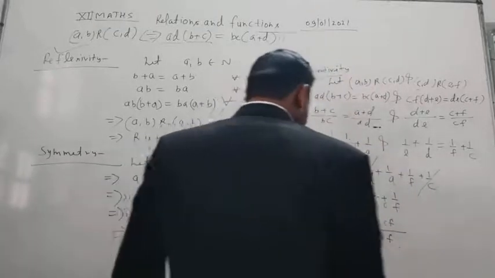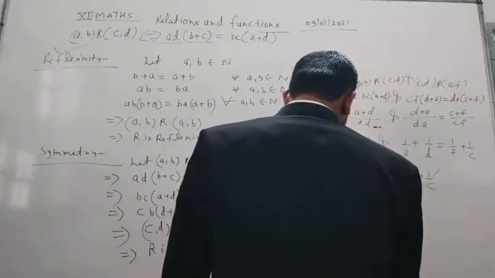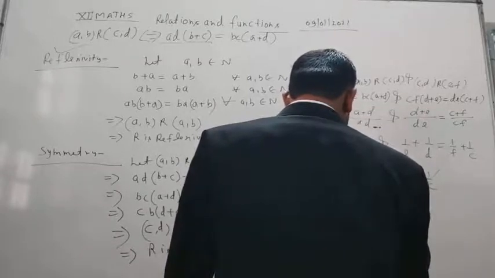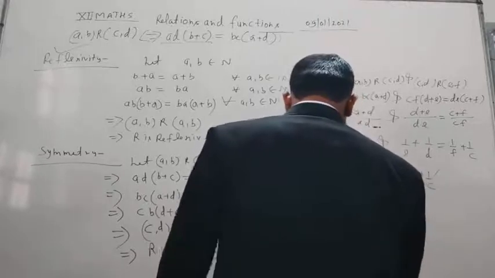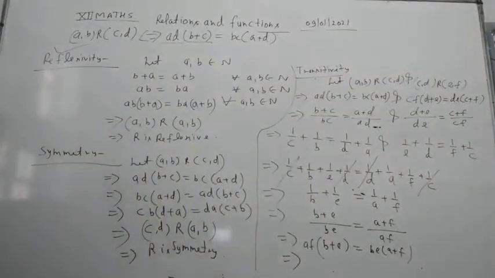Now by cross multiplication, we get AF(B + E) = BE(A + F). This is what we are getting.